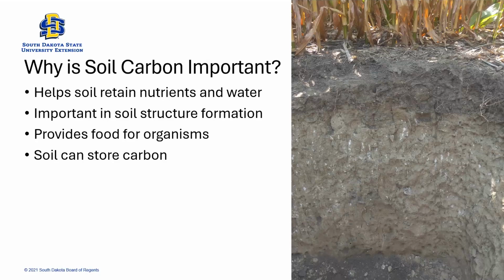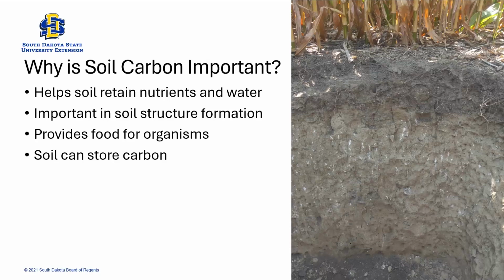You can't really change clay content at a location, but you can manage to improve the organic matter content. And water retention in soil also is improved when you have more soil organic carbon. So if you manage to increase your soil organic carbon concentration, you can increase the ability of the soil to retain water.